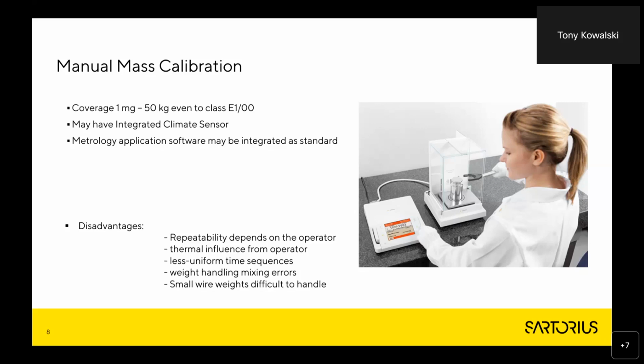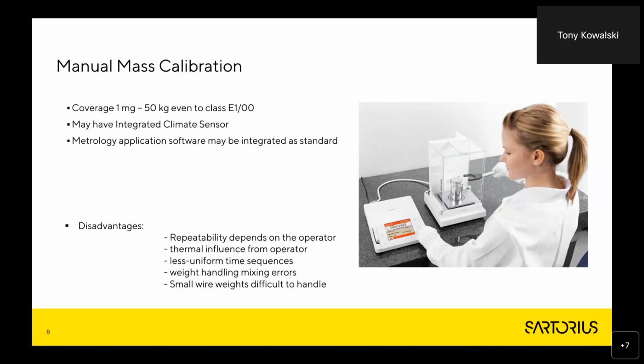If there is metrology application software integrated in the mass comparator itself, you would be able to enter the value of your reference weights, their uncertainty, and follow the procedure of the software.